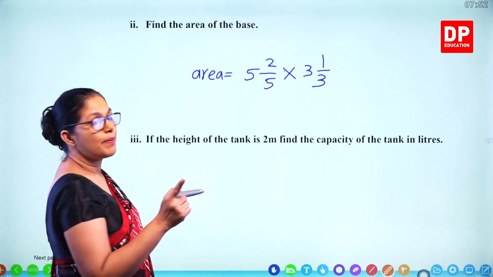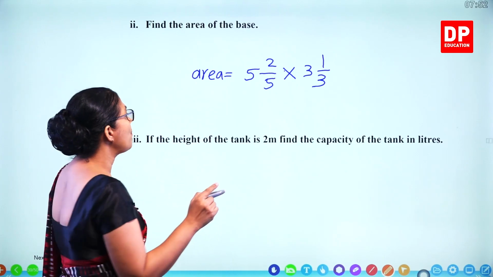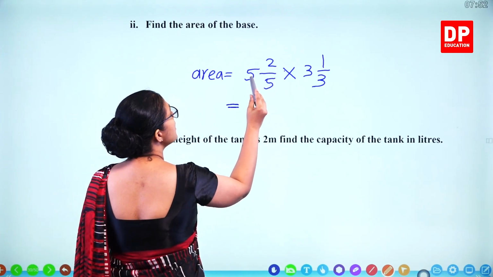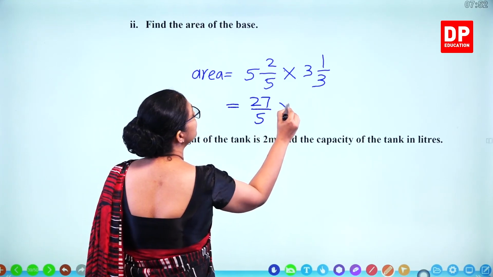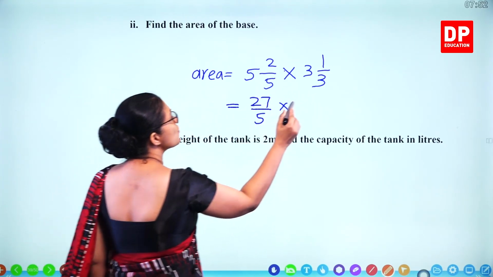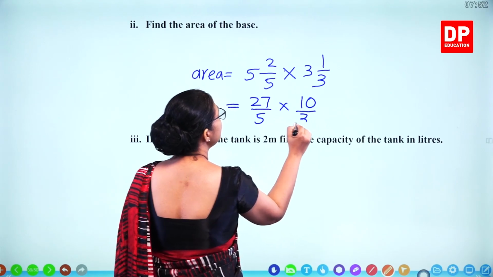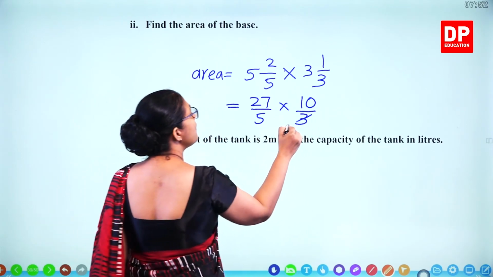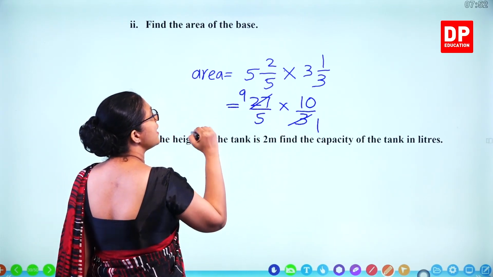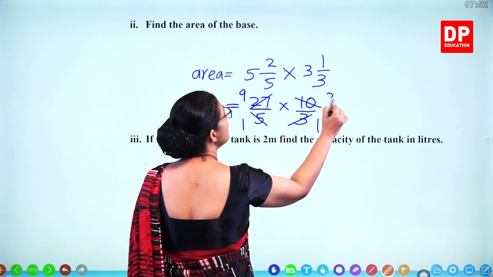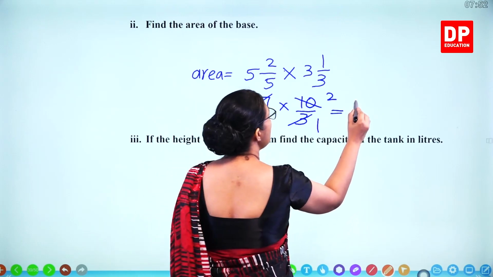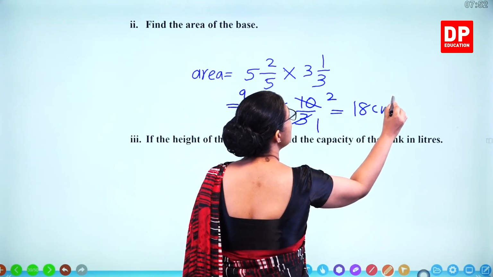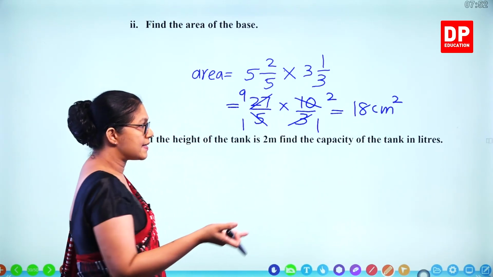Now when you are multiplying, make sure that you convert to improper fractions first. 5 times 5, 25 plus 2, 27. 3 times 3, 9 plus 1, 10. Now simplify. 3 times 1, 3 times 9. 5 times 1, 5 times 2. So 9 times 2, 18 square centimeters is the area of the base.